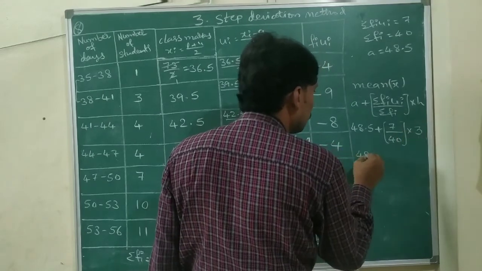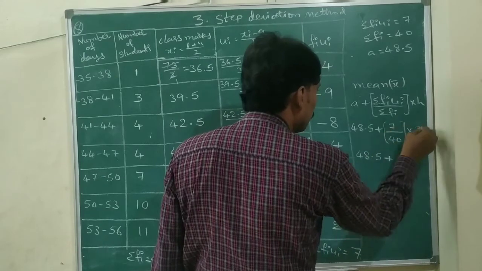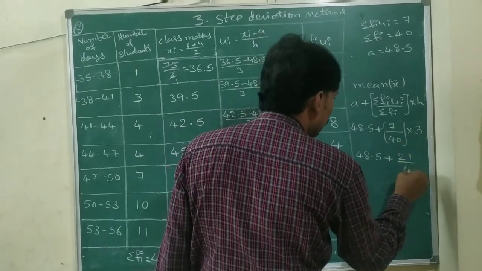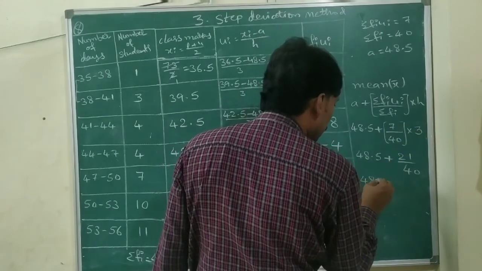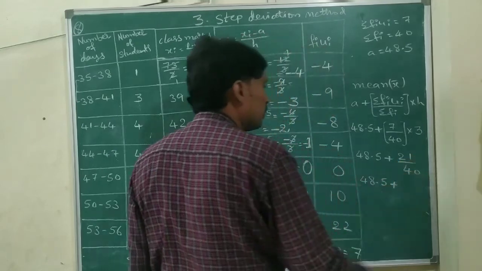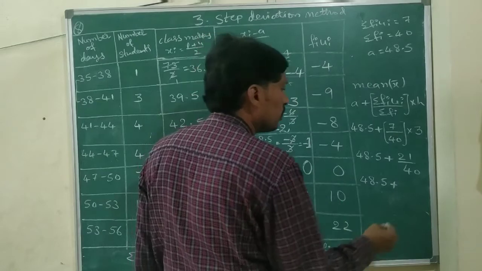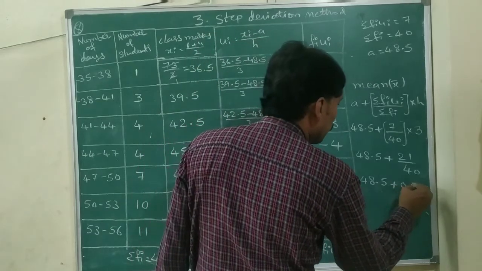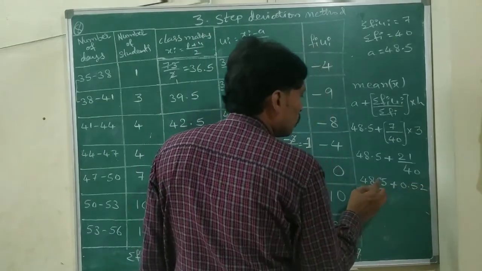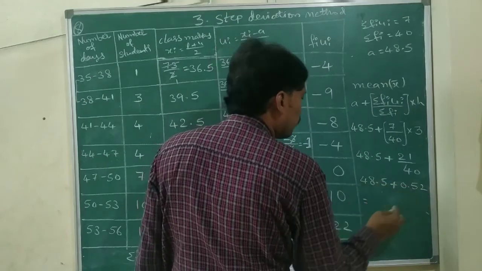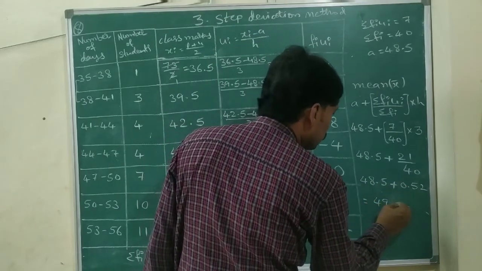That equals 48.5 plus 7 into 3, which is 21, by 40. We got 0.52 before in the assumed mean method, so that equals 48.5 plus 0.52, which is 49.02.